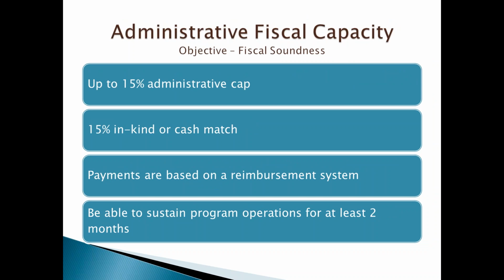Payments are based on a reimbursement system, so you'll put your voucher in e-procurement, and then you will be reimbursed accordingly. And let me just say, when you submit your vouchers, use your approved budget. On Walter's slide, he gives you a link to contracts, the city website.